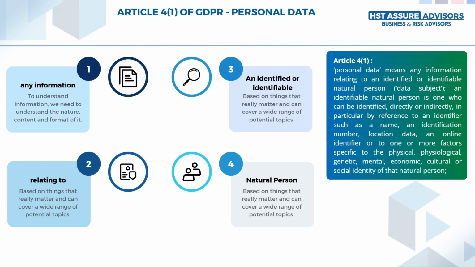Not all data carries the same level of risk. The GDPR makes a critical distinction between data that has been pseudonymized and data that has been truly anonymized. Anonymous data: data is anonymous if all personal identifiers have been irreversibly stripped away, making it impossible to identify the individual to whom it once related.